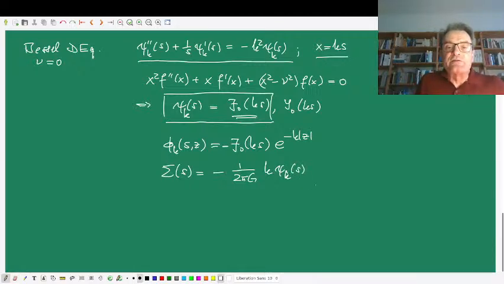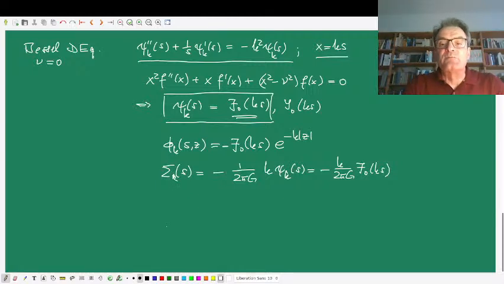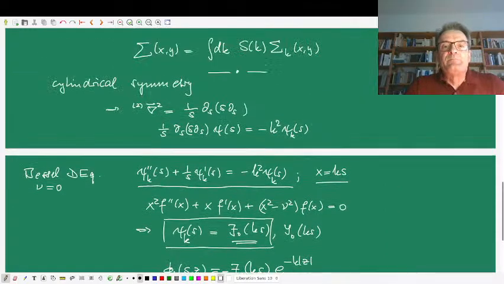And the psi k of s is the Bessel function, right? So we can write this as minus k over 2 pi G times J0 of ks. And what we get in this way is sigma k, the k mode of the surface mass density sigma. All right, so this is what we now have established.